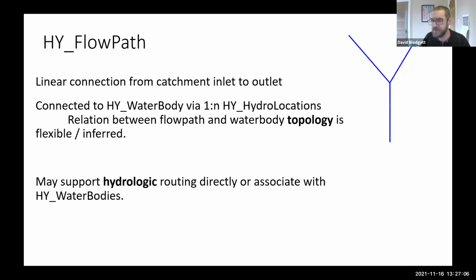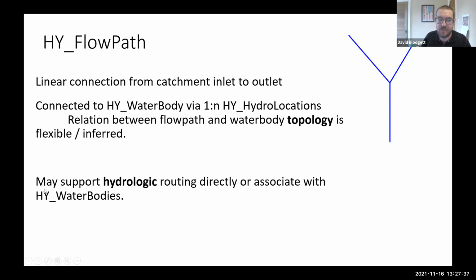It's hard to do linear connectivity on 2D, 3D objects. It's not impossible, but generally you have to linearize your element if you're going to get a distinct top to bottom ordering, right? And this flow path idea might support hydrologic routing, but you would not think about a hydrodynamic model being appropriate on a flow path, on a 1D representation.